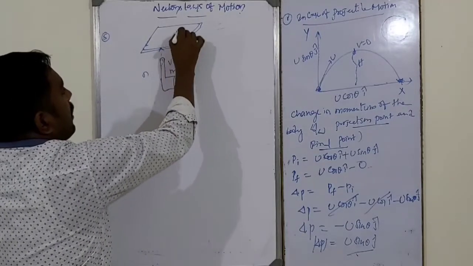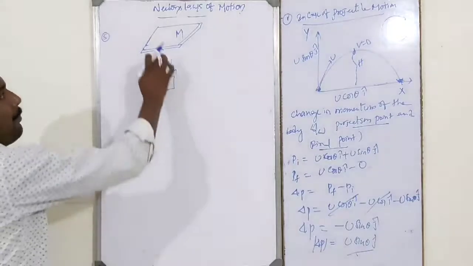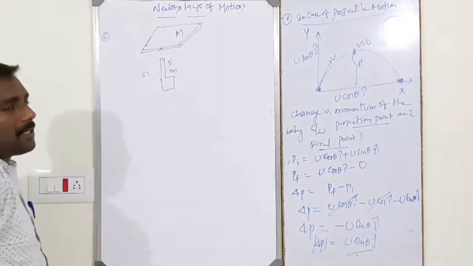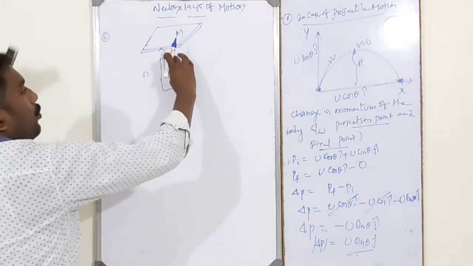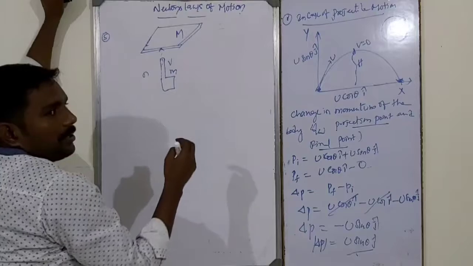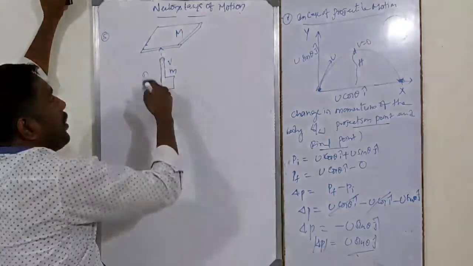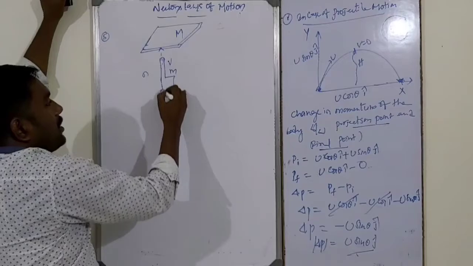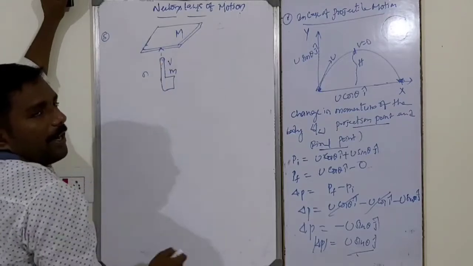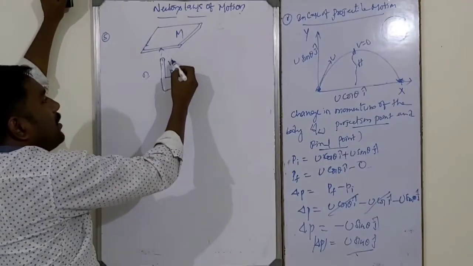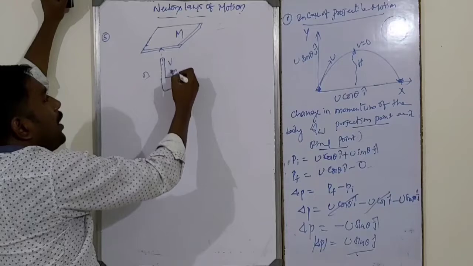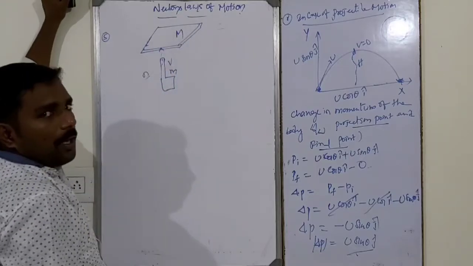Capital M is the mass of the metal plate. The momentum is mv. So the bullets are fired one by one, a number of bullets. Of course, this is the gun. The gun fires a number of bullets per second. So the momentum of the bullets is controlled by the total weight of the body.